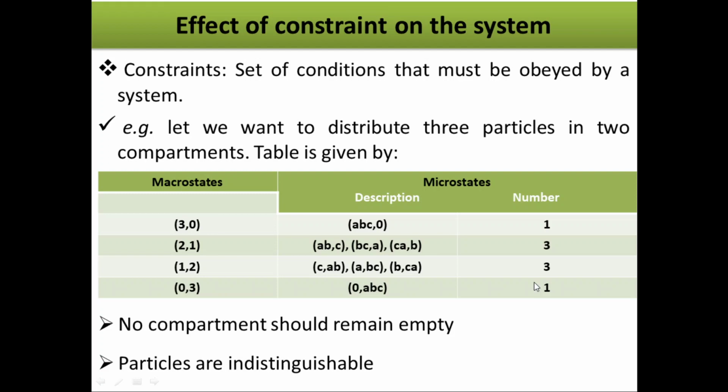If we put a constraint that the particles are indistinguishable, then the total number of microstates is reduced to 4, that is 1 plus 1 plus 1 plus 1. So we can see the effect of constraints on the system: constraints may affect the number of microstates for a given system.